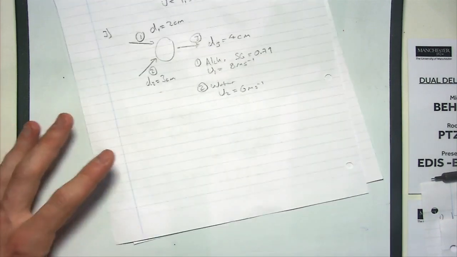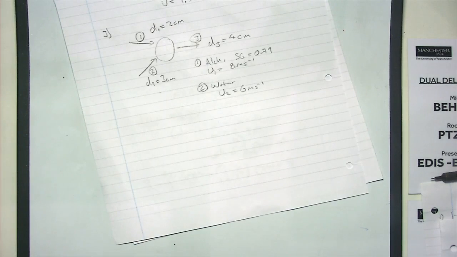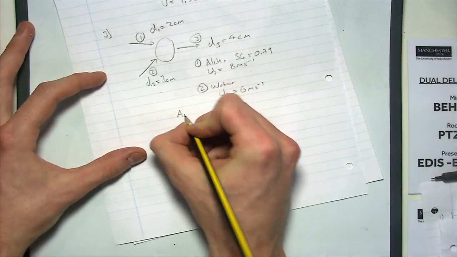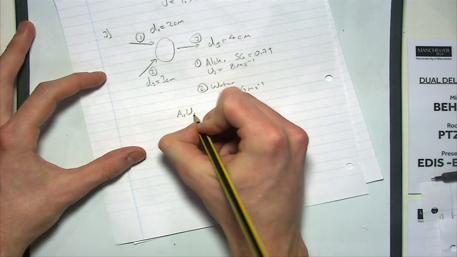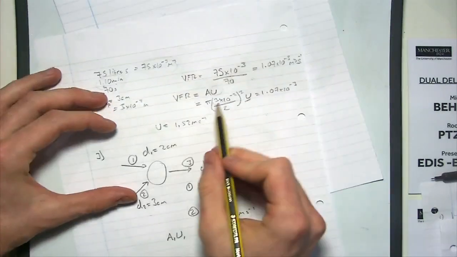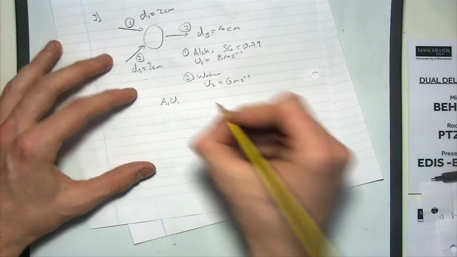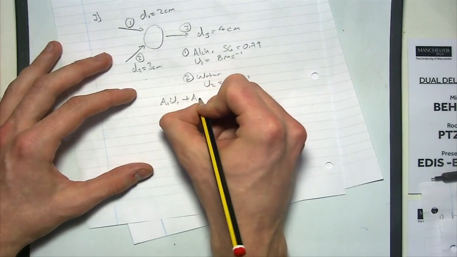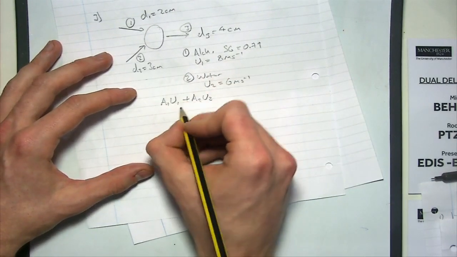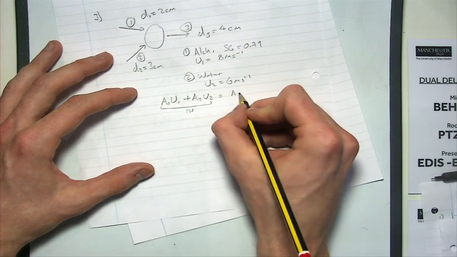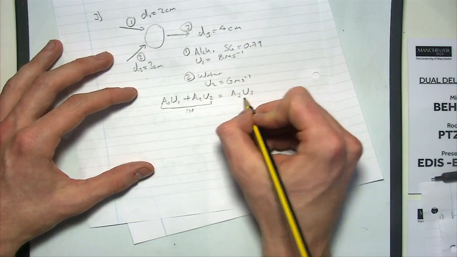So we can write this. A1, the area of the pipe at 1, times U1, remember that was our volumetric flow rate that we did up here, plus A2 U2, so that's what's coming in, so in is equal to what comes out, which is area 3, U3, okay?